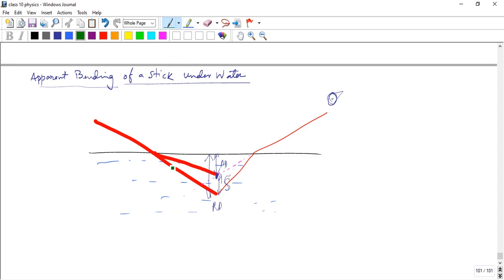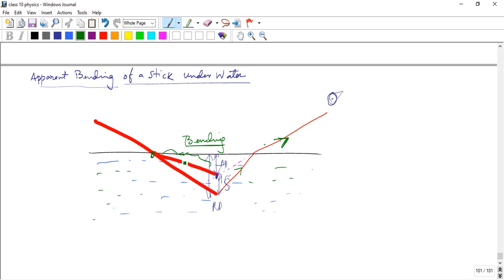So that's the bending. Due to that, the bending is mainly because of the density mismatch here. That's why the bending is seen.